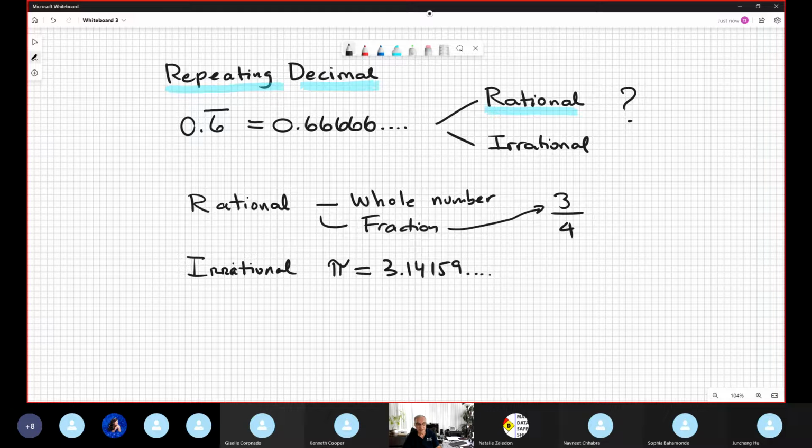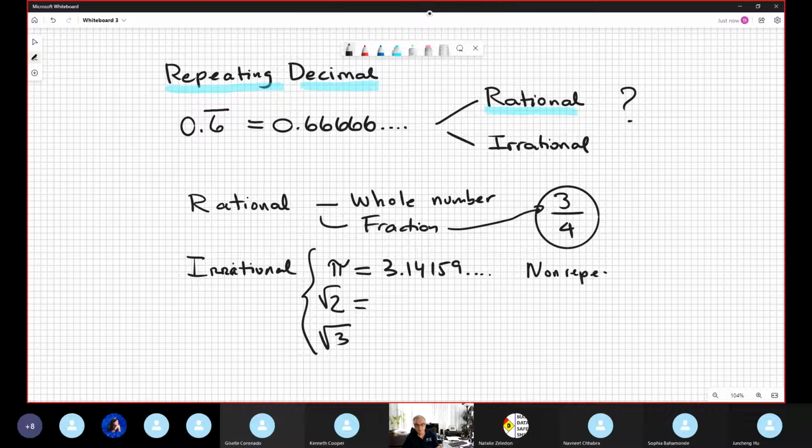Another example is radical 2, radical 3, a typical irrational number. We can never express it like a fraction, because we have infinity non-repeated decimals. Never repeat, so we cannot discover any pattern.